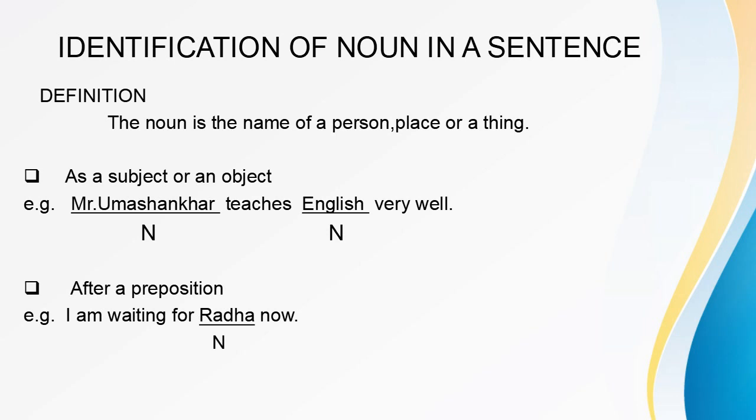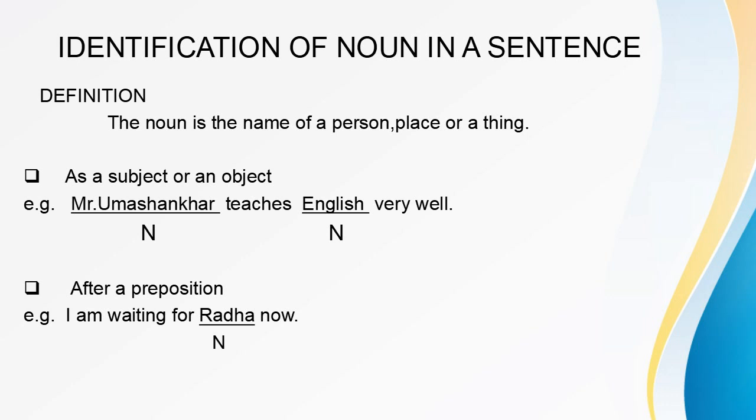Shall we discuss the second rule of identification of a noun? Yes. After a preposition. Do you know what is meant by a preposition? Pre means before. Position means placed. Something is placed before. Before what?